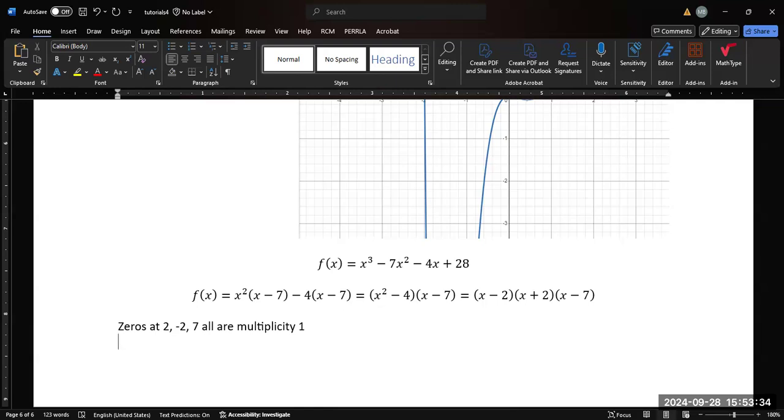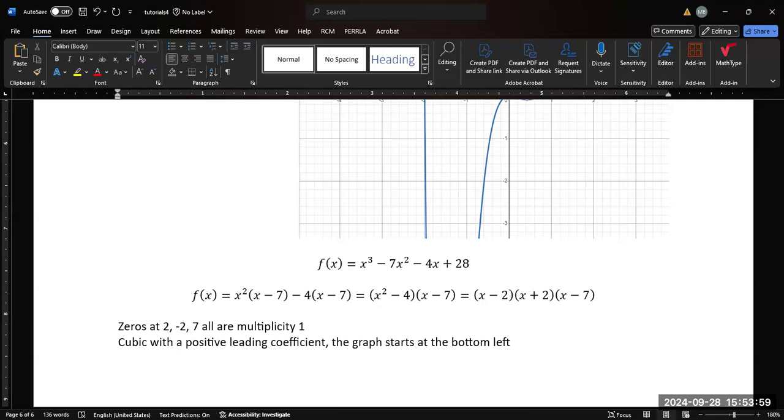And this is a cubic with a positive leading coefficient. So the graph starts at the bottom left, because when you put a very large negative number into a cube, it gets even more negative.